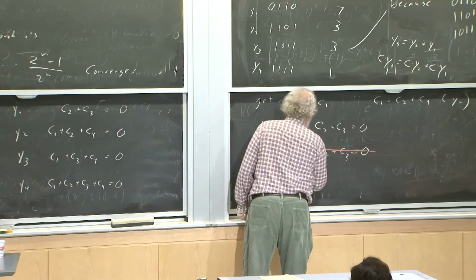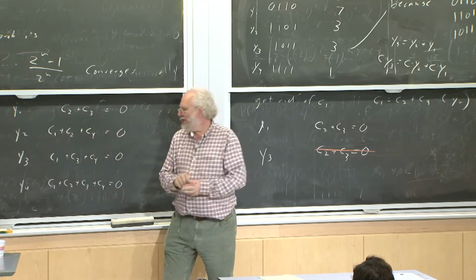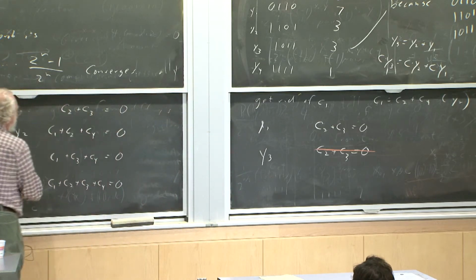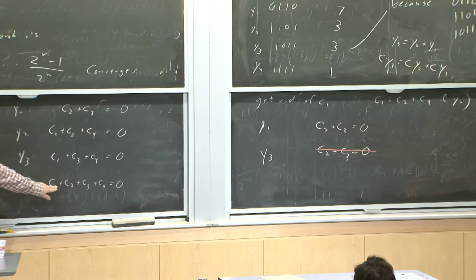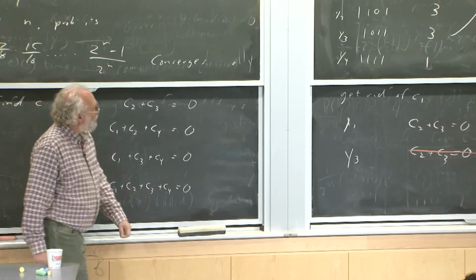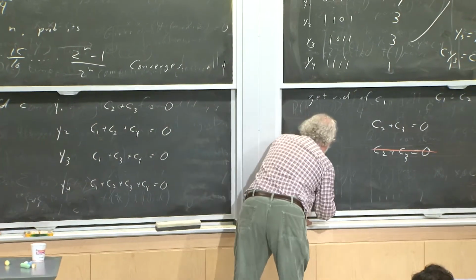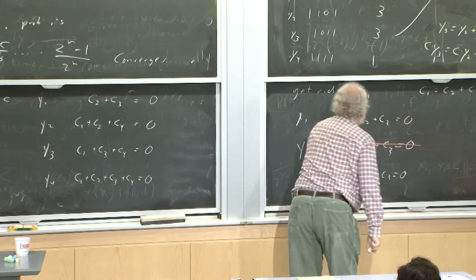And the reason it's a duplicate is, you remember, y1, y2, and y3 were not linearly independent. And y4, we subtract this equation from this equation, and C1 plus C2 plus C4 cancel out. We get C3 equals 0.